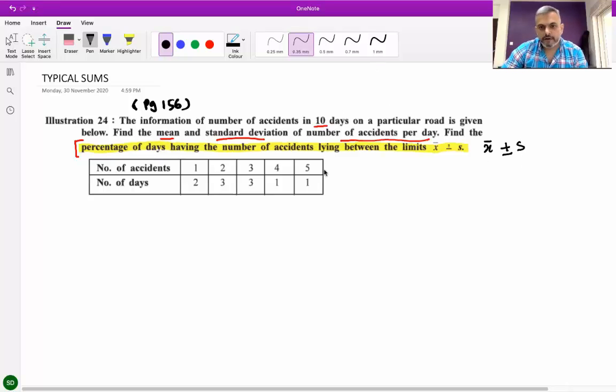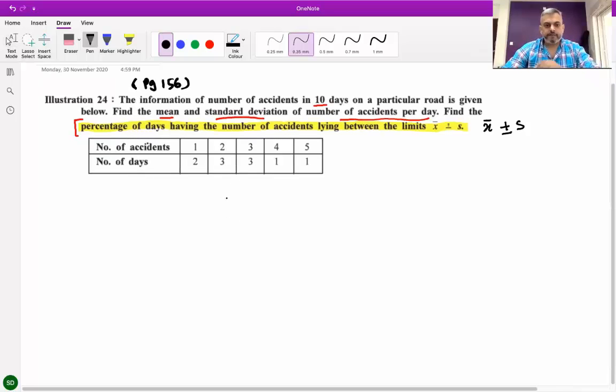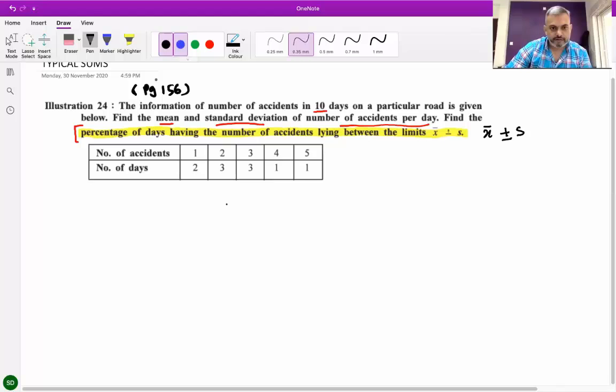So over here we have to find the mean, the standard deviation, and also the percentage of days. We'll see later what exactly it is. As of now, let's start solving the question.